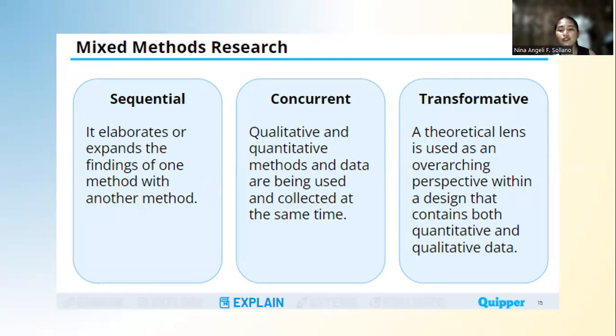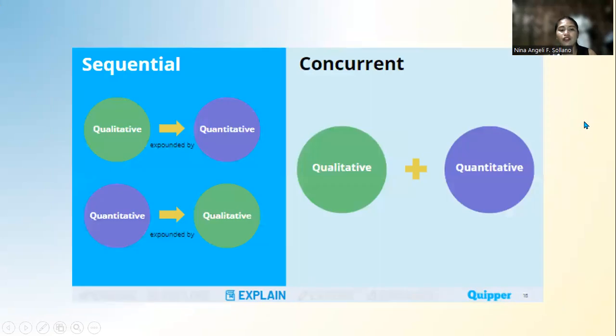Next, transformative. A theoretical lens is used as an overarching perspective within a design that contains both quantitative and qualitative data. So here is a sample graphic in order for you to understand more. In sequential, qualitative could be expounded by quantitative, or it could be the opposite.